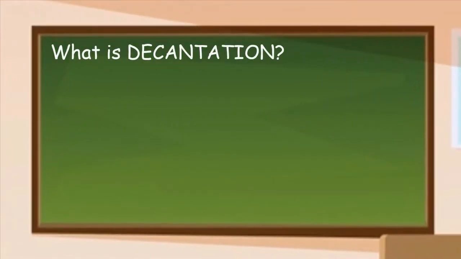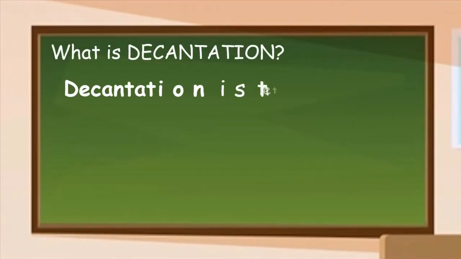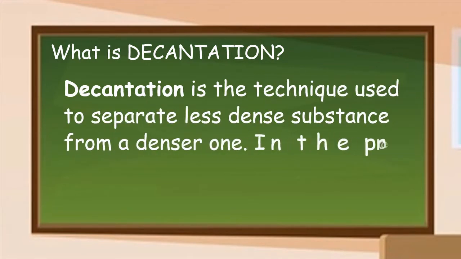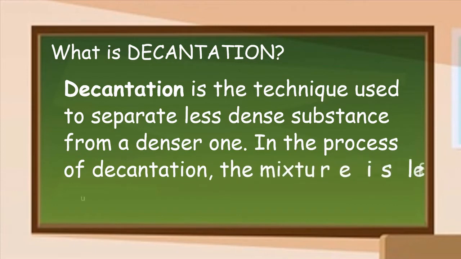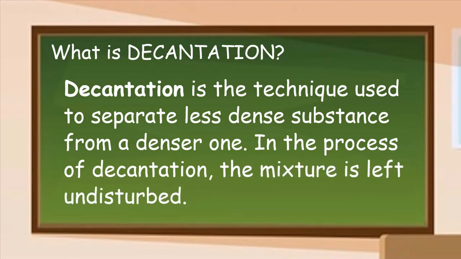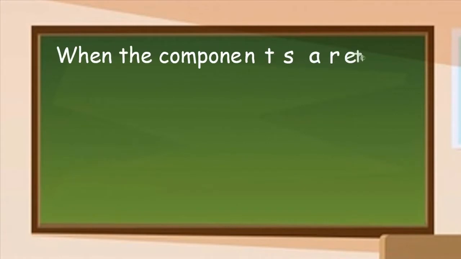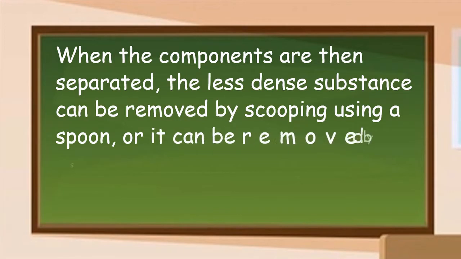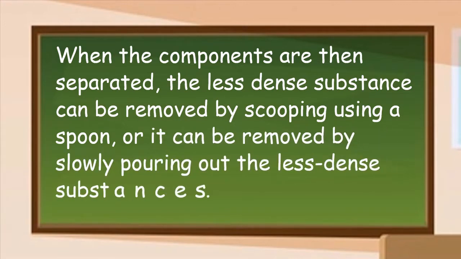What is decantation? Decantation is the technique used to separate a less dense substance from a denser one. In the process of decantation, the mixture is left undisturbed. When the components are then separated, the less dense substance can be removed by scooping using a spoon, or it can be removed by slowly pouring out the less dense substance.